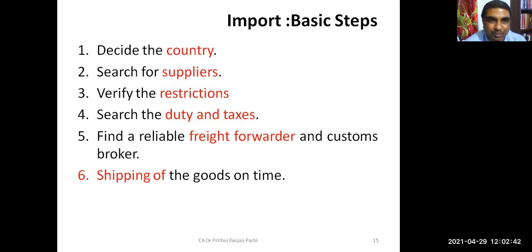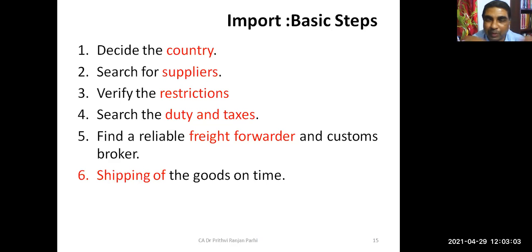Coming to import, the procedure is relatively simple. You decide the country, you decide the supplier, you search for the supplier. There are certain products which are restricted; you cannot import them. Our customs law prescribes certain things that you cannot import into India, so you have to keep in mind that the product you are importing is not prohibited under law.